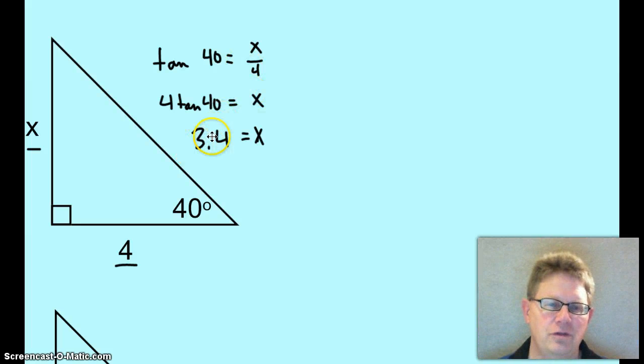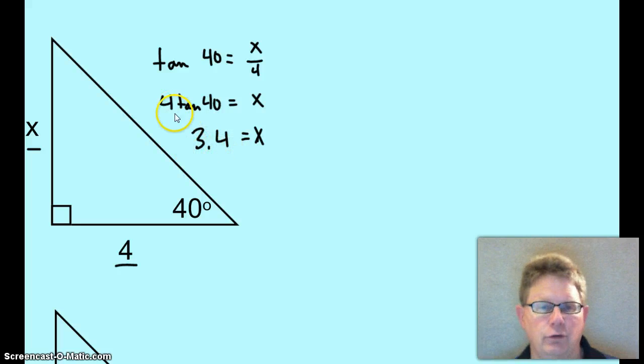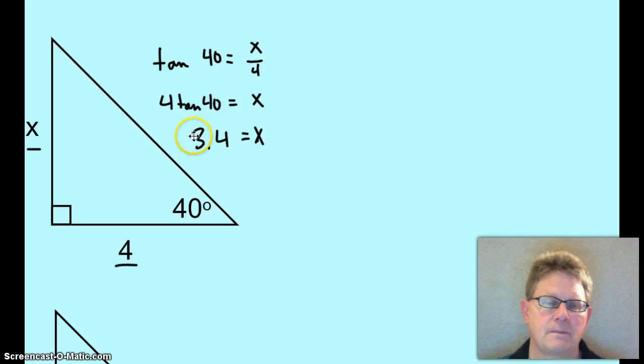And my answer was 3.4. Make sure that your calculator is in degrees. I will show you how to do that in class, and we're going to always round to the nearest tenth unless told otherwise.